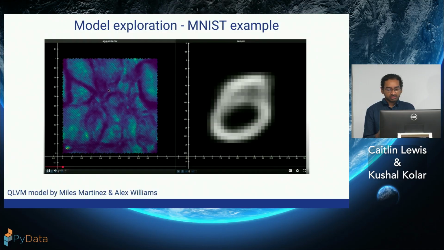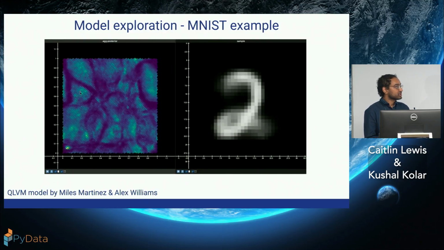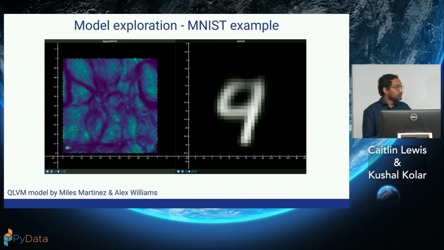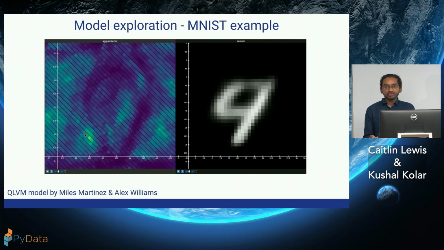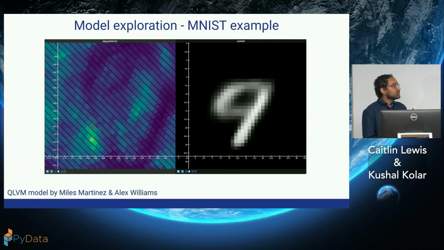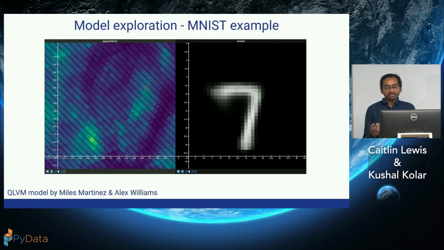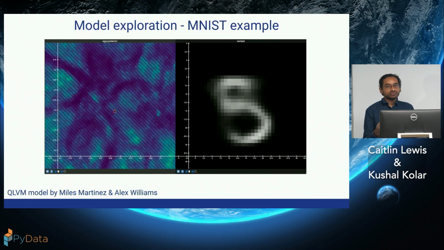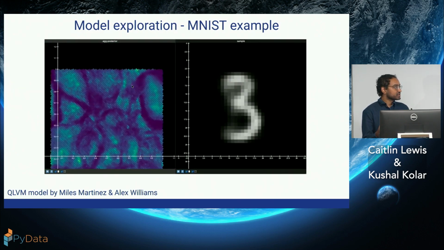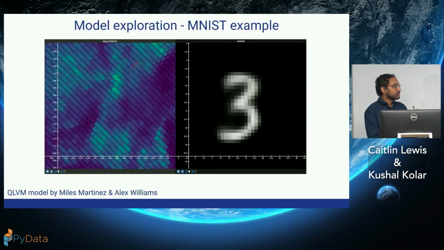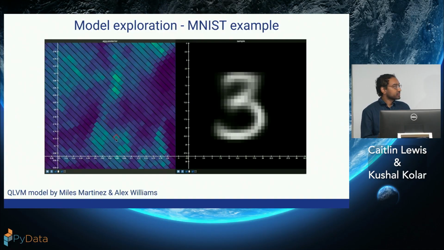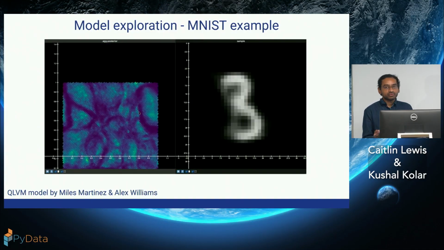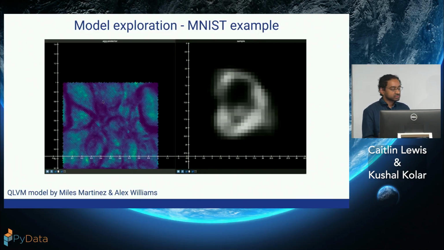So here's an example of some actual model exploration. This is what's called a QLVM model. It is similar to a variational autoencoder, but unlike a variational autoencoder where you can really only go down to 32 dimensions in your latent space before things start to break down, this QLVM that's being developed by a few people that we collaborate with, they've developed it so that you can go straight down to a two-dimensional latent representation.